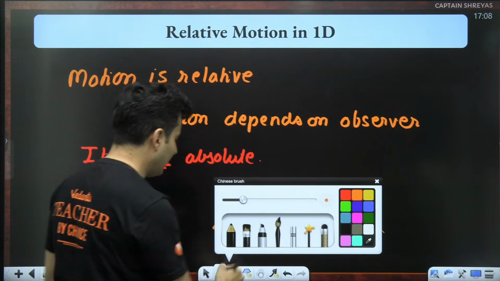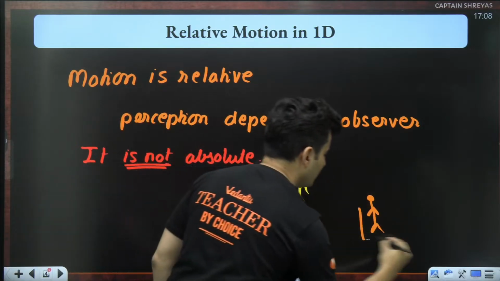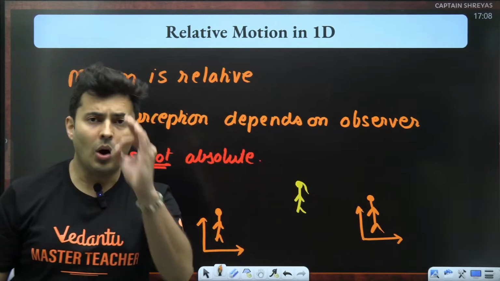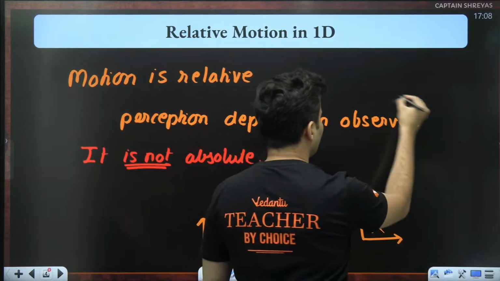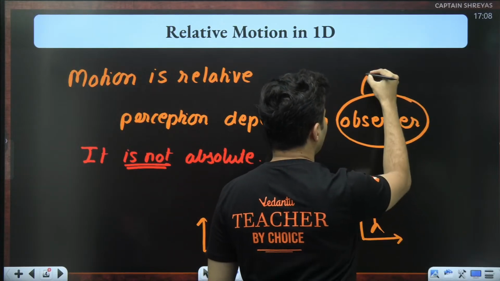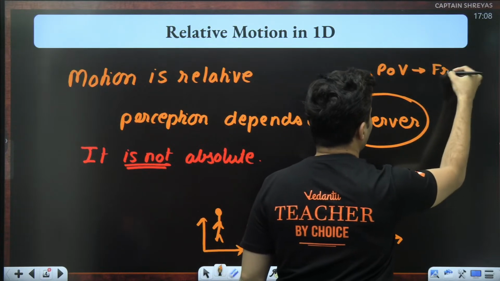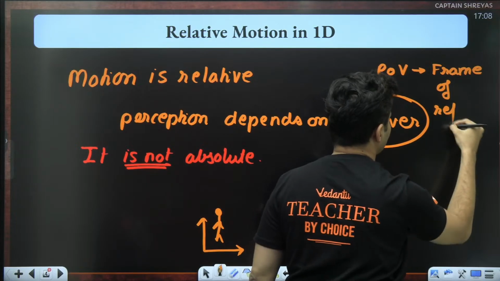So it depends completely on the observer, and that observer is usually denoted as something called the frame of reference. The observer is your point of view, which we also call the frame of reference.